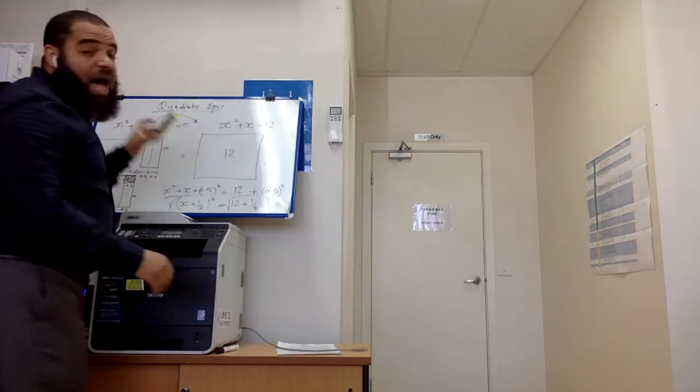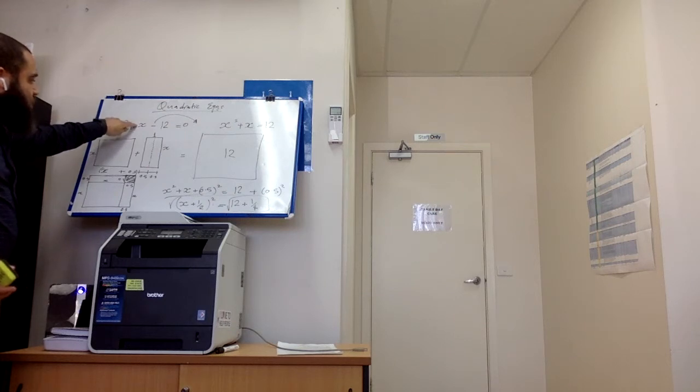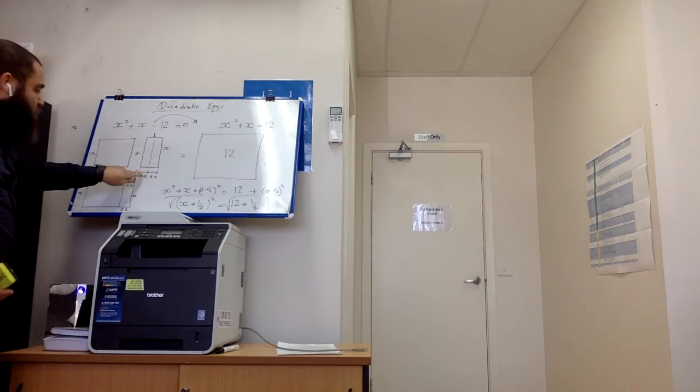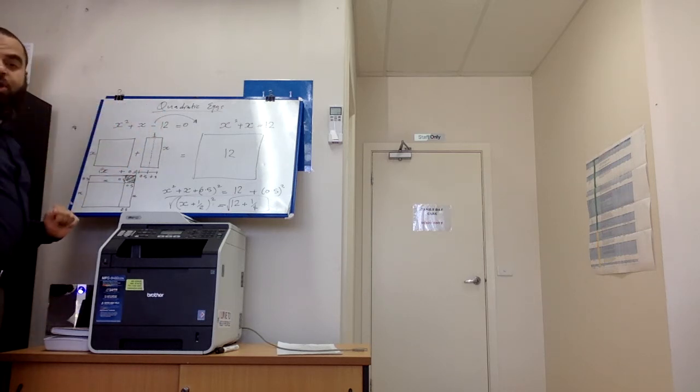Let me generalize this concept. So if you can see here, the x had a coefficient of 1, and then we took half of that coefficient to make this rectangle and to add it to that square.